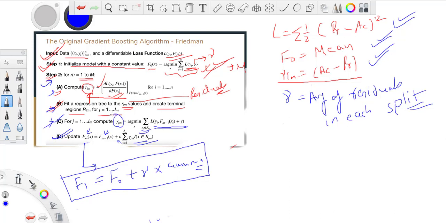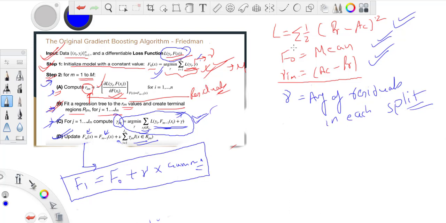If you have observed, this loss function and this loss function are pretty much the same. Essentially what we are doing here versus here is exactly the same, except this gamma which we had earlier now becomes the previous prediction plus the gamma value. So this will again be the mean, which will minimize this function.